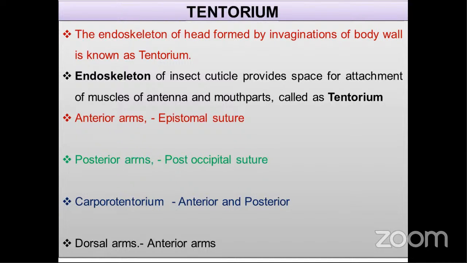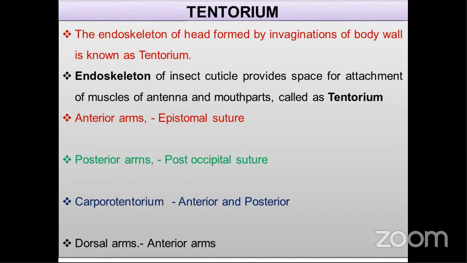I already told you that the epistomal suture we can also call the clypeofrontal suture. From this suture, invaginations form the anterior arms. So with the help of the epistomal or clypeofrontal suture, anterior arms are formed.